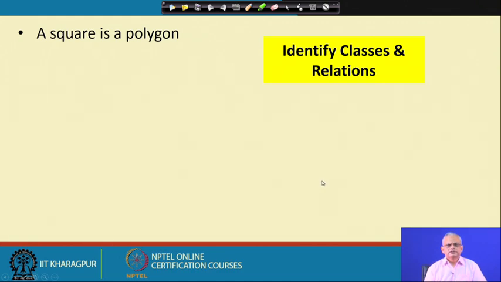But the question is, which would be the base class and which is the derived class? Is square derived from polygon or polygon derived from square? So, here the polygon is the base class and square is a special type of polygon. So, the inheritance relationship between polygon and square, and polygon is the base class and square is the derived class.